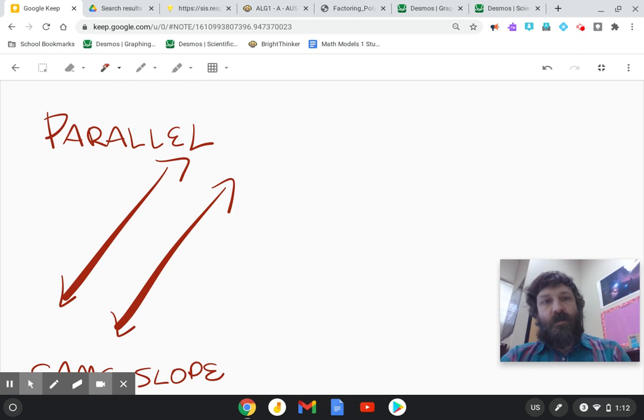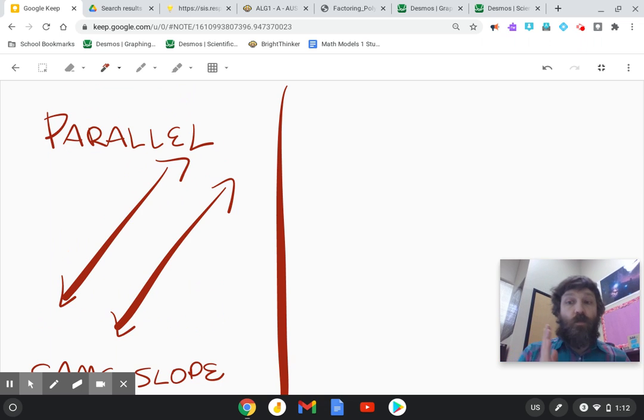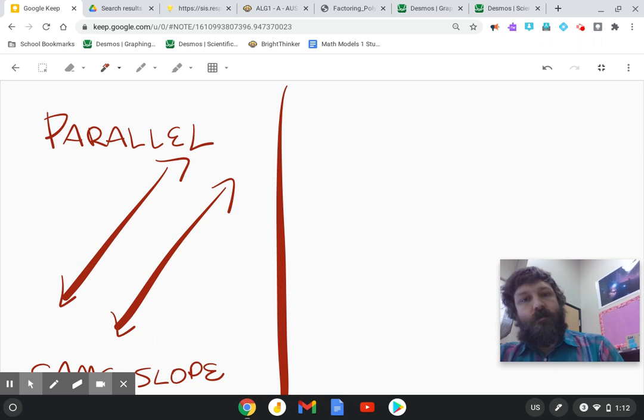So when we ask about lines that are parallel, we know one thing is going to be the same, and that is the slope.